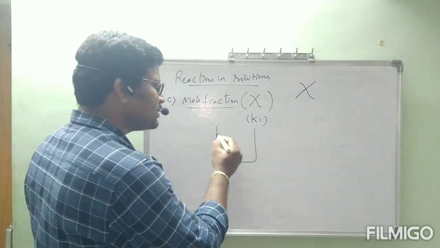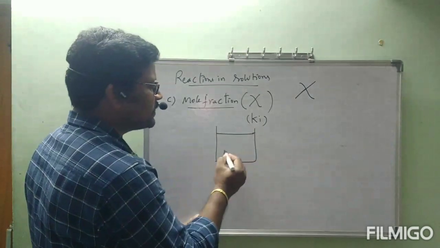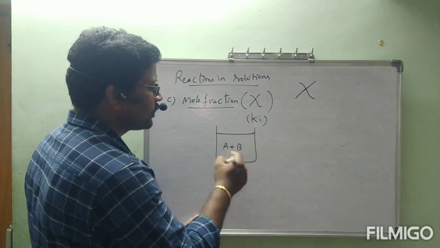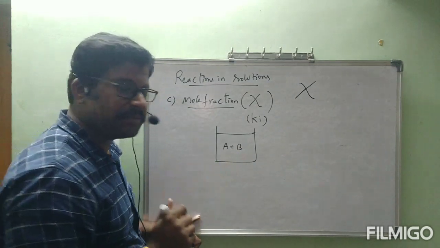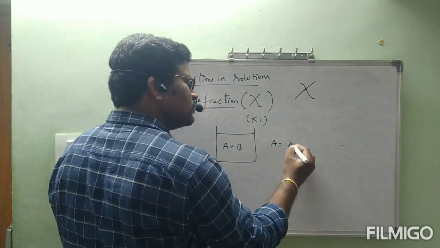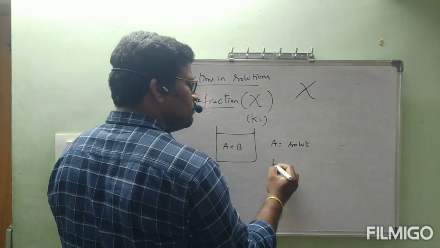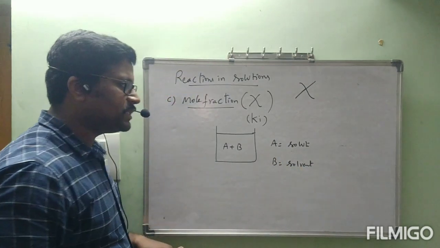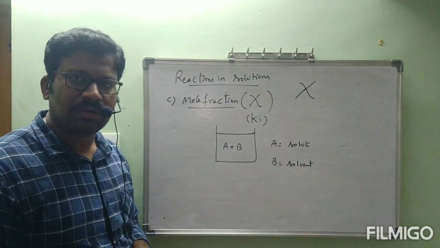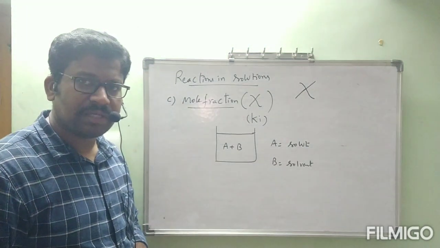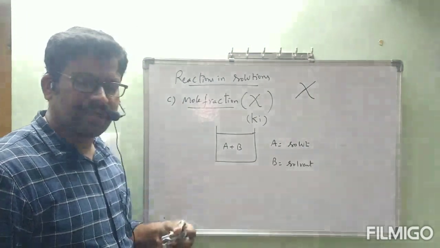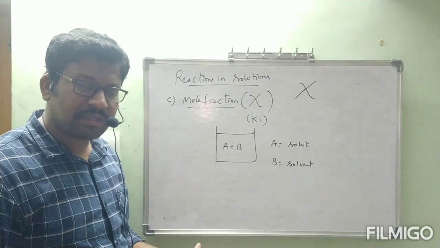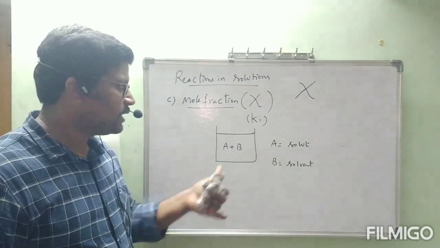Let us consider salt plus water, or A plus B. The solution has two components, A plus B. A is solute, B is solvent. The component present in less quantity is called solute, and the component present in major quantity is called solvent. We have taken A in less quantity and B in major quantity. A plus B.